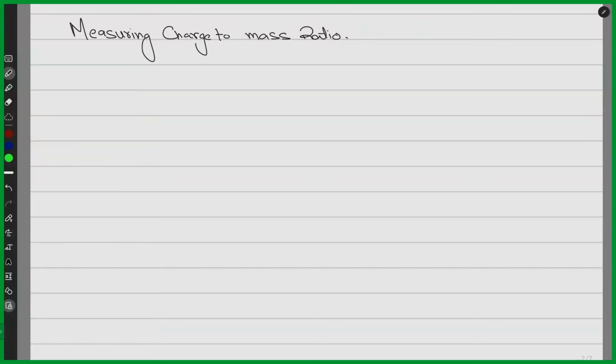So it's easier to throw a beam of electrons, multiple electrons, and find the charge to mass ratio, and from that you can easily multiply it with the mass of the electron, and it would give you the charge on a single electron. In some way it is kind of like how we treat density of particles, but it's not really density, though you can make that analogy for understanding purposes.